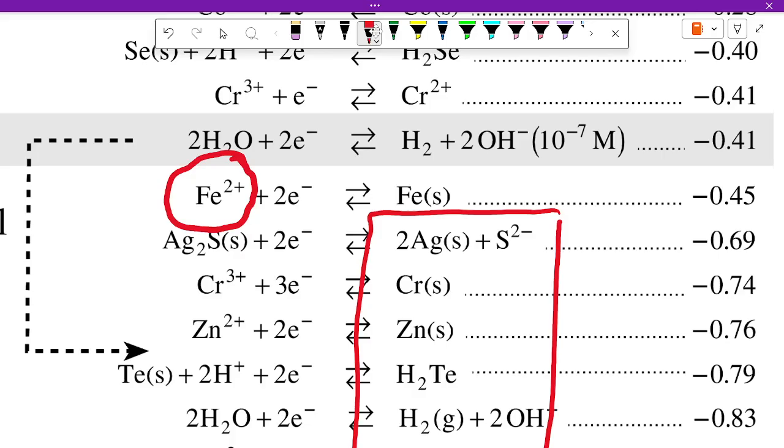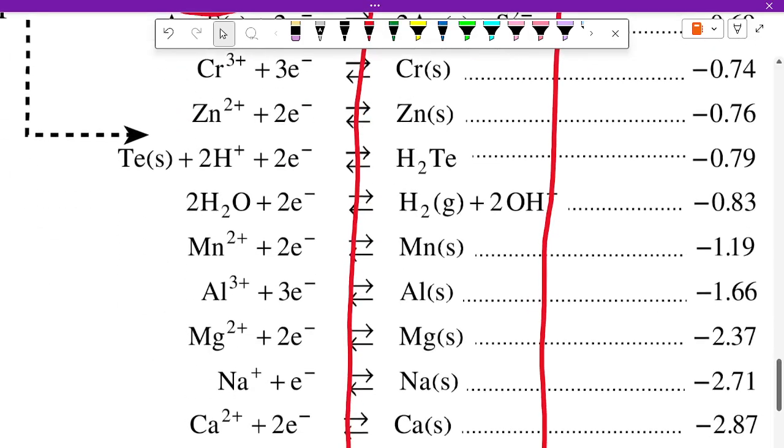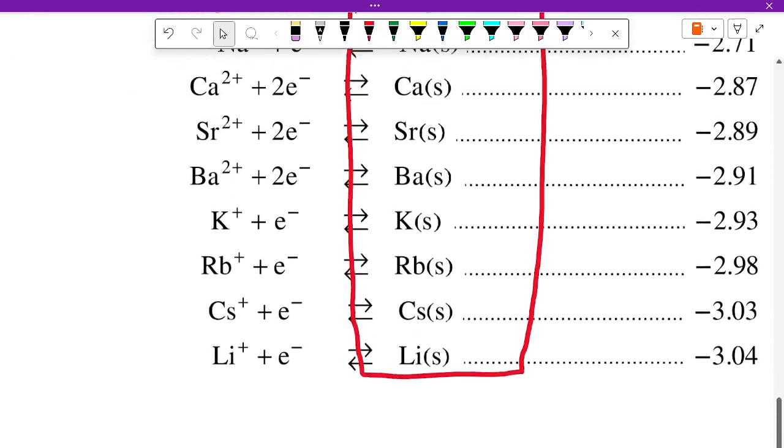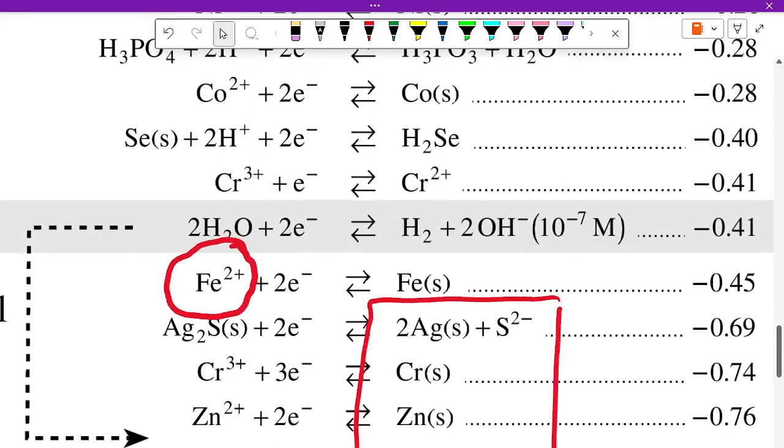Why would we not titrate Fe2+ with zinc solid? Yes, it is as obvious as it sounds. Because it's a solid, it does not drip well. So there's no way that you can have Fe2+ react with any of these. And that's what we would need if we had Fe2+ acting as an oxidizing agent.